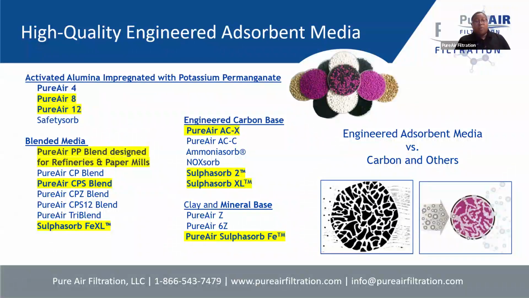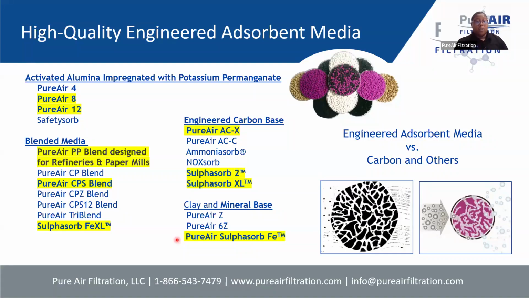So here at PureAir, we make and manufacture all of our adsorbent medias. Here we have some of the different products that we offer, and they can be combined and used in conjunction with any of them to create a preferred solution for any of our customers.